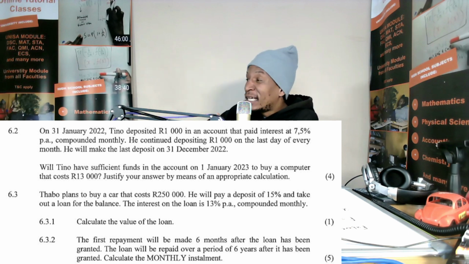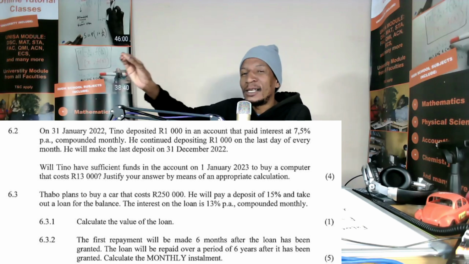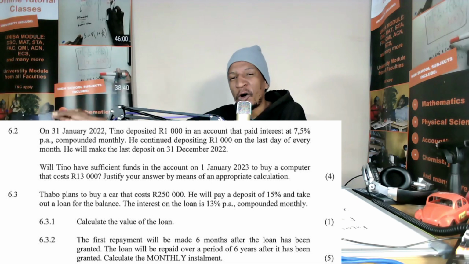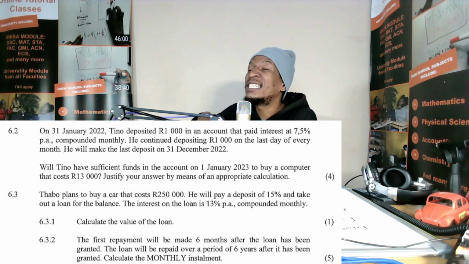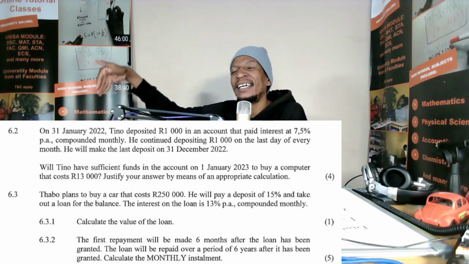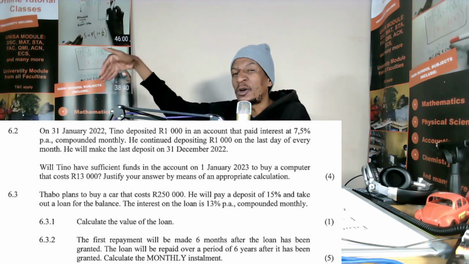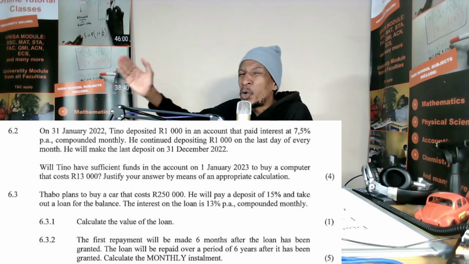After making the first deposit, he then continued depositing 1,000 on the last day of every month, meaning now it's equal payments on the last day of every month. And the first deposit was done on the 31st of January, which is the last day of January.